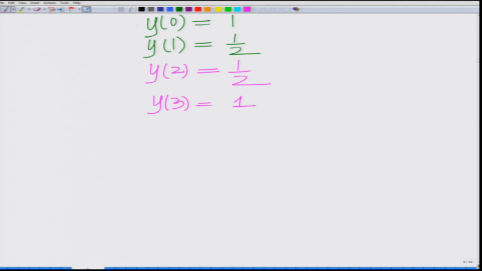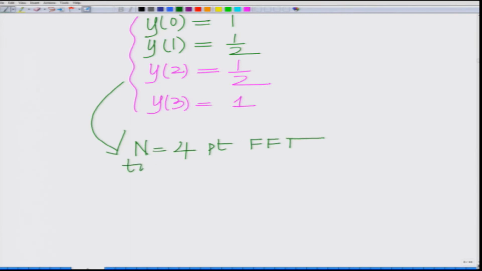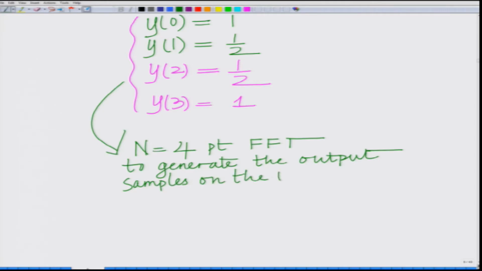Then what do we do? Basically we take the 4-point FFT to generate the output samples on the various subcarriers.